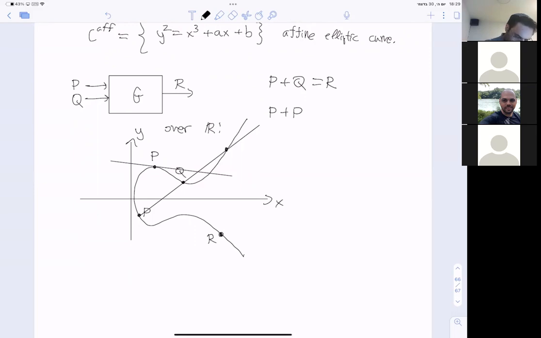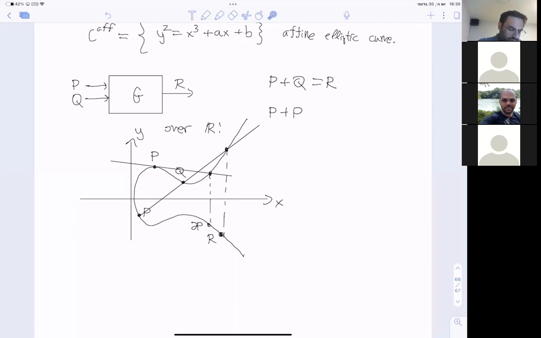So this will be the intersection. So again, we take the reflection. And this will be 2P. So we actually have 2 kinds of addition.